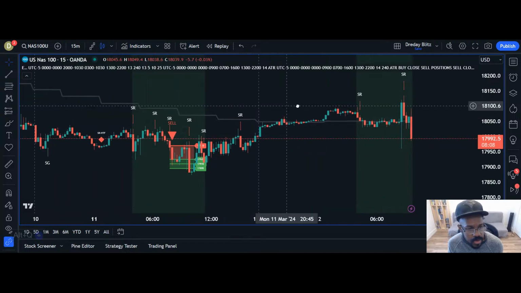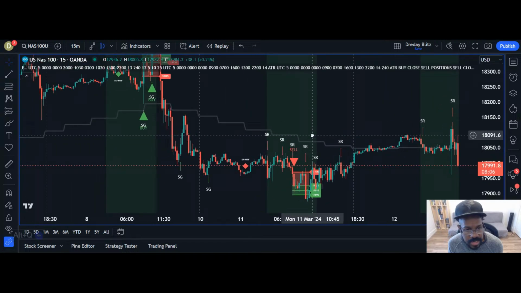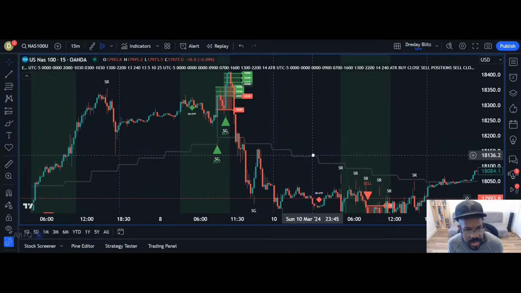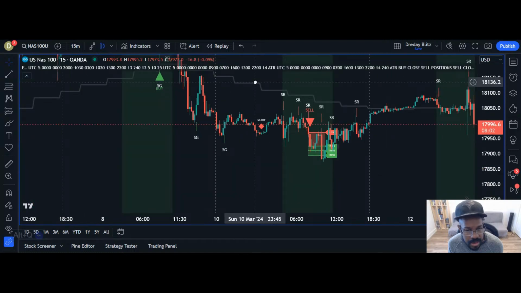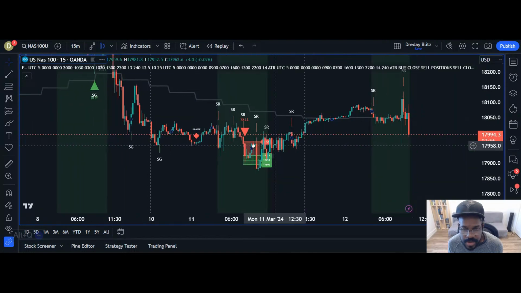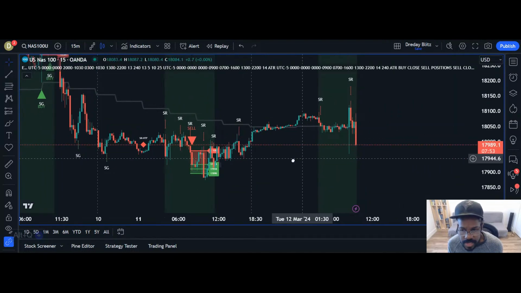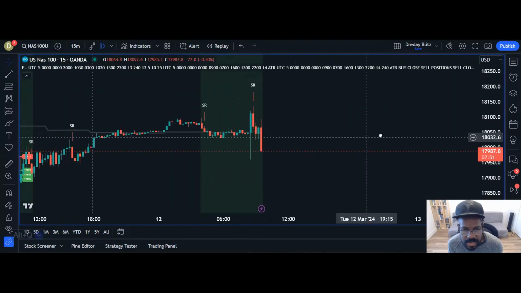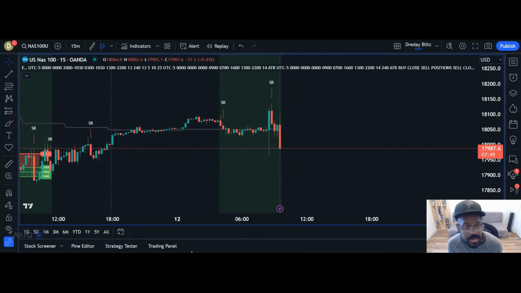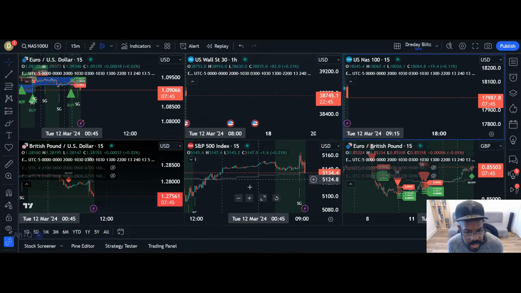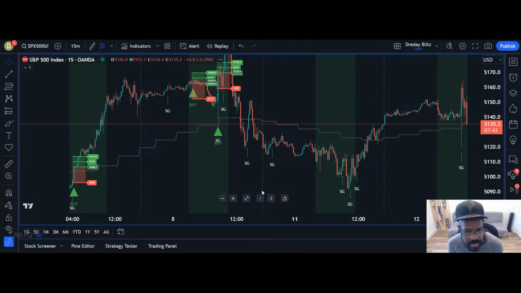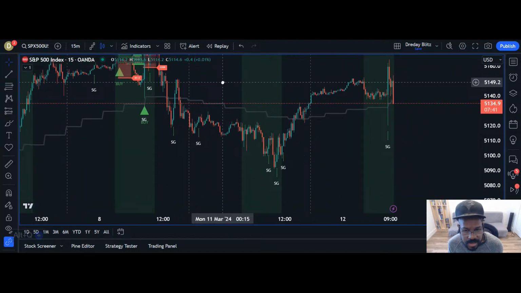If we go on the 50-minute chart, this is what we had here: switching red since 12:30, and only looking for sells here overall. And now it's still going down. Perfect. Then you have S&P 500, same thing.